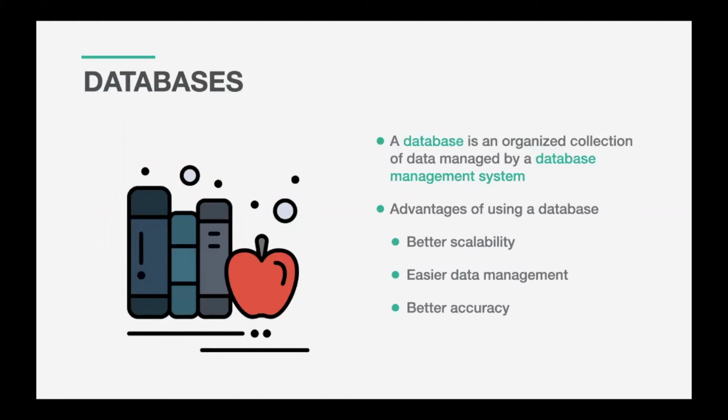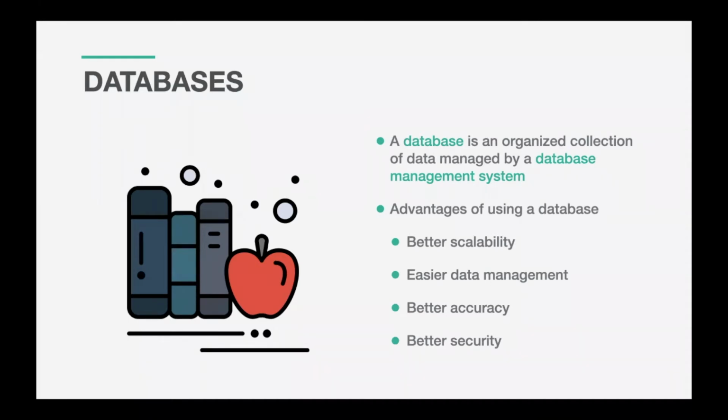We get better accuracy of our data. The database management system will keep track of what data is being entered to make sure it's accurate and that we're not putting in bad data. It's also more secure, because database management systems are generally secured behind passwords and firewalls. It adds a level of security that protects the data. Not anyone can get access to it, even people of the same company.